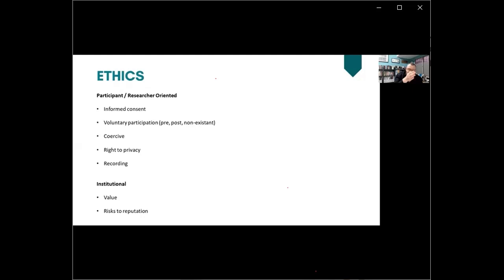Or is it non-existent? In most cases, if our research cannot identify specific individuals or marginalized communities that might be at risk, then it's going to be considered non-existent. We have to look at whether or not we are being coercive in our research.